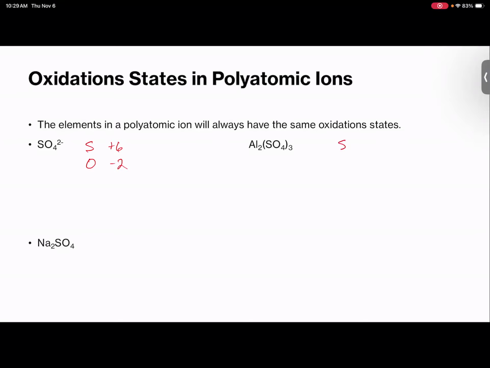Well, over here, the sulfur is going to be a +6 and the oxygen is going to be a -2 in aluminum sulfate. In sodium sulfate, the sulfur is going to be a +6 and the oxygen is going to be a -2. That is going to be true as long as it is sulfate. I didn't have to recalculate it, in other words. Once you calculate a polyatomic ion once, you're done calculating with that polyatomic ion.